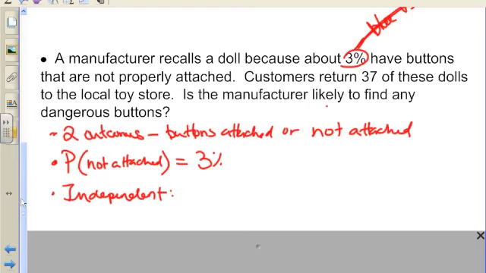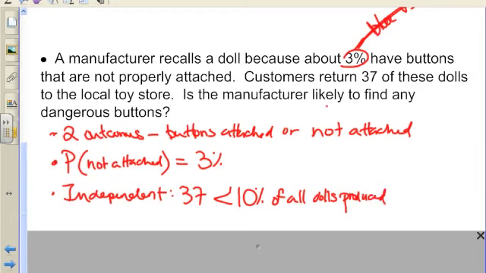So how I can get away with calling this independent is because I am only seeing 37 of the dolls. That is going to be less than 10% of all the dolls that were produced. Just a guess, right? I don't think toy companies only make 37 dolls. So this may or may not truly be independent, but because I have this less than 10%, I can get away with it.